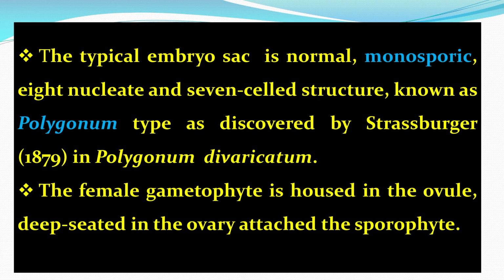So as this type of female gametophyte develops from a single spore, it is a monosporic embryo sac, and it was discovered in polygonum. So that is why the monosporic embryo sac is polygonum type, typical of the angiosperms.